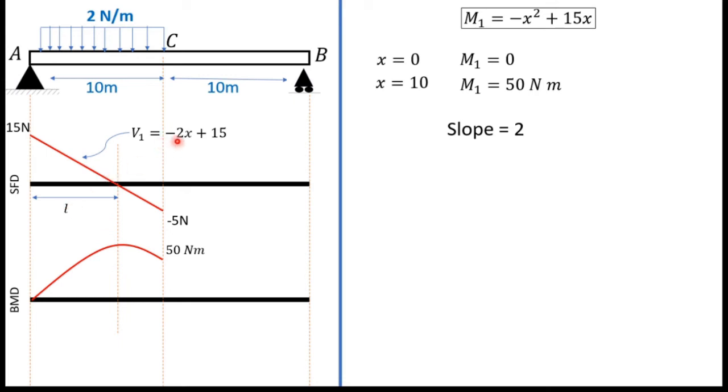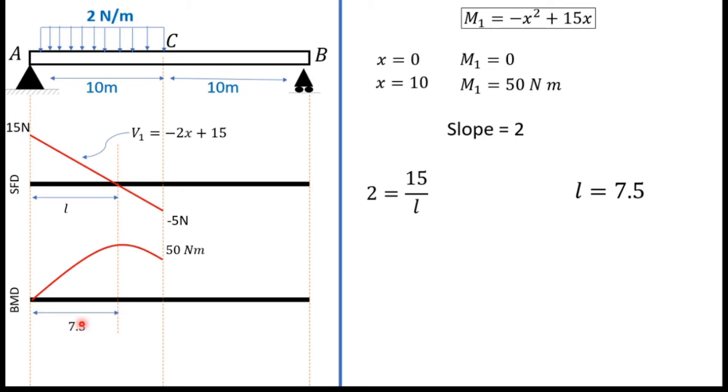So the slope is 2. So slope equals 15 over L. So I can write 2 equals 15 over L. 2 is the slope. So now I can find the value of L. L equals 7.5. So this length is also 7.5, and I can mark it right here, 7.5.